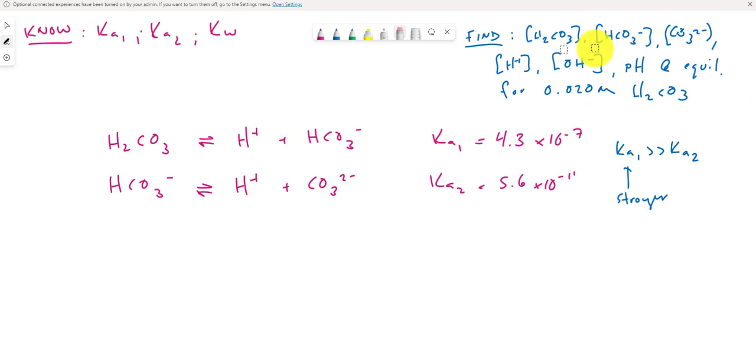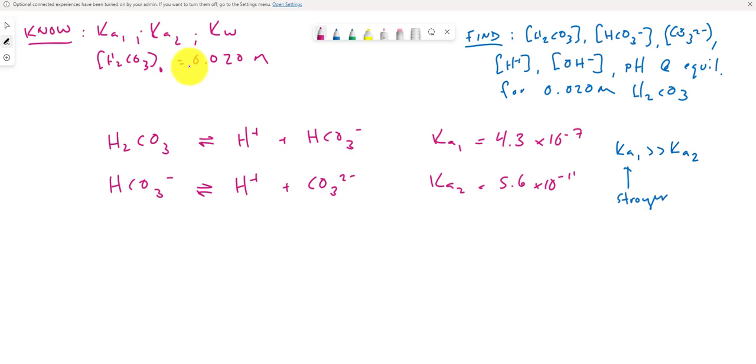So you write it up. These are the things you want to find. What do we know? We can look in a table to find Ka1 and Ka2. We always know Kw. And the other thing we know here is our initial concentration of the diprotic, which is 0.02 molar. So that's everything we know.